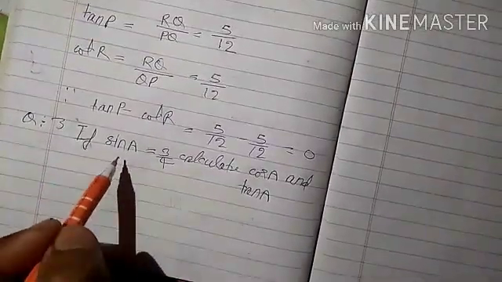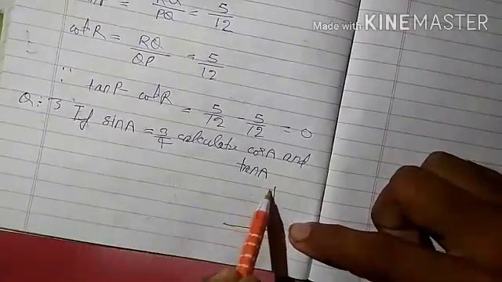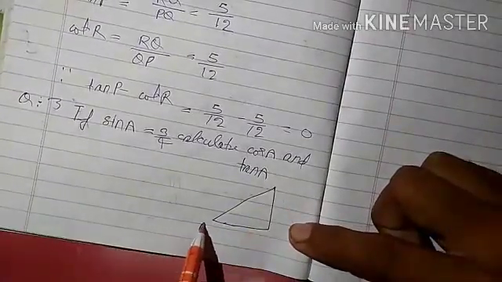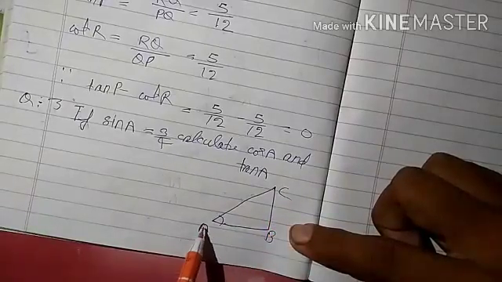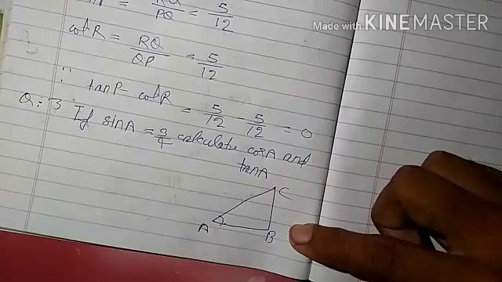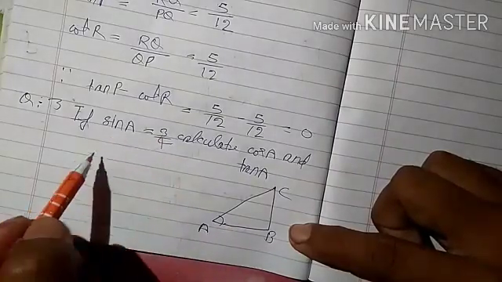So sin A is equal to 3 by 4, so we draw a right angle triangle ABC. Angle A is acute.